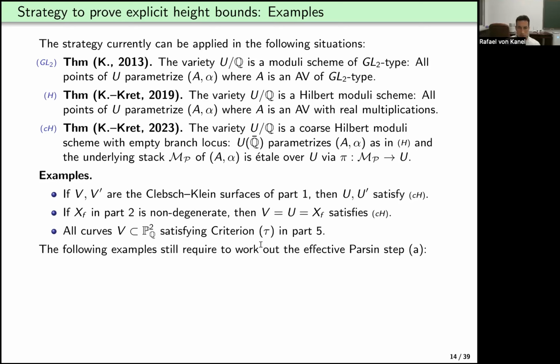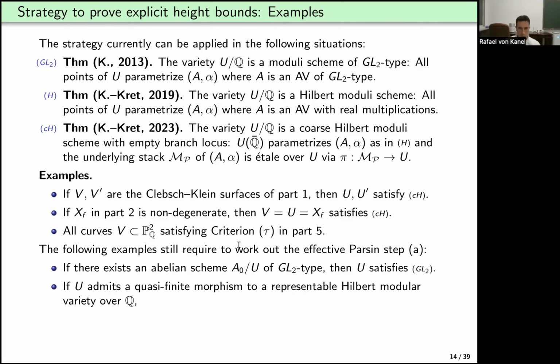One can also construct many more examples, but for these examples one still needs to work out this effective Parshin step A. For example, if one knows there exists an abelian scheme A0 over U of GL2 type, then one can apply this strategy, or if one knows that U has a quasi-finite morphism to some representable Hilbert modular variety over Q, then one can also apply the strategy.